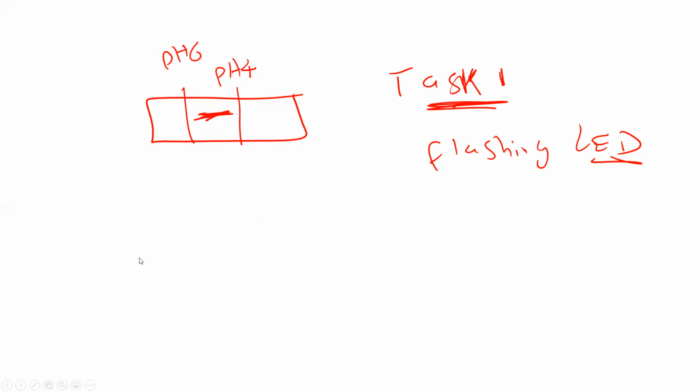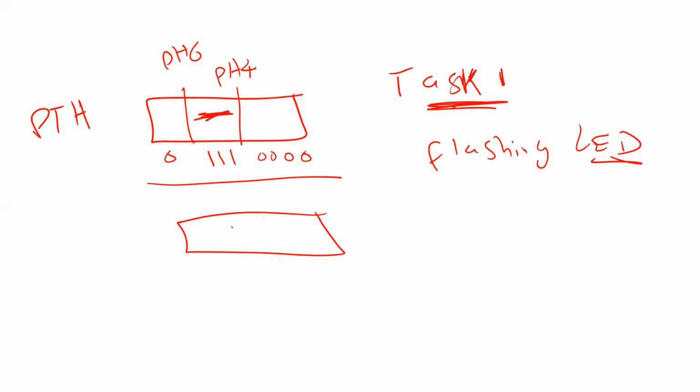So the way you have to do it, guys, is this is PTH. After you read PTH, you have to clear these ones here, right? It should be only 1 here, and then 3 zeros. So after you clear, you are going to have X like this.